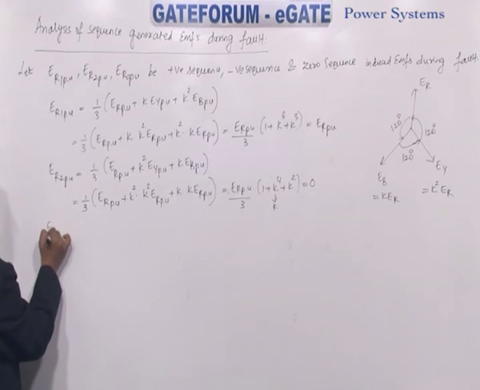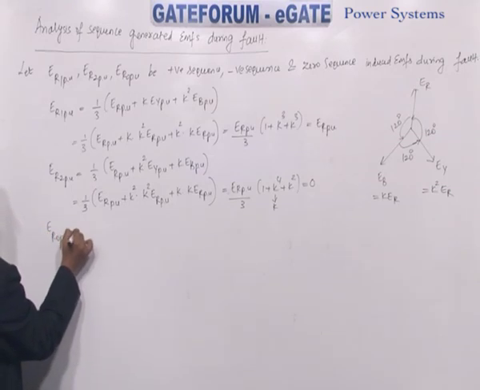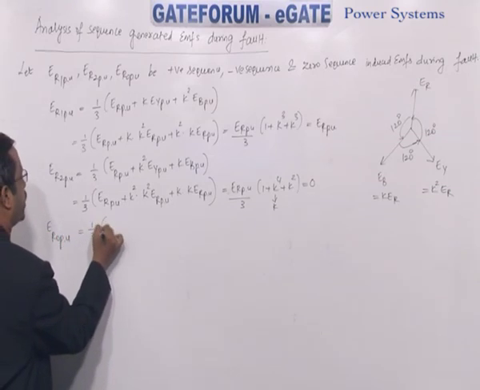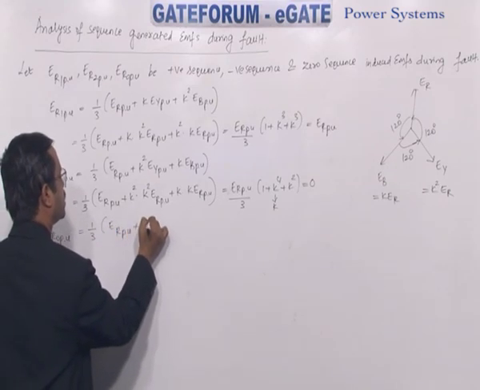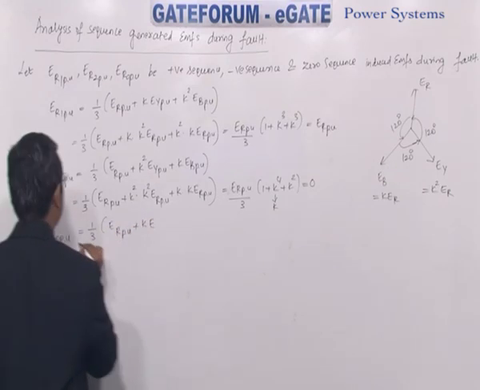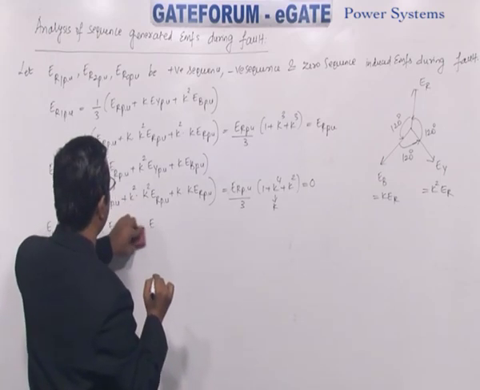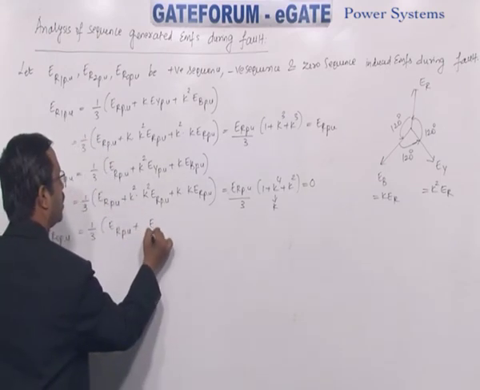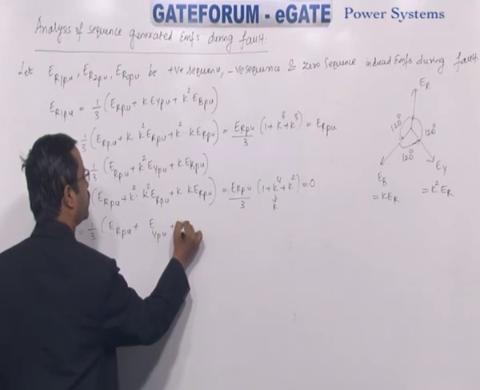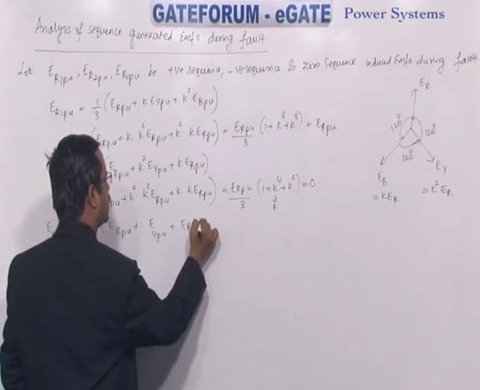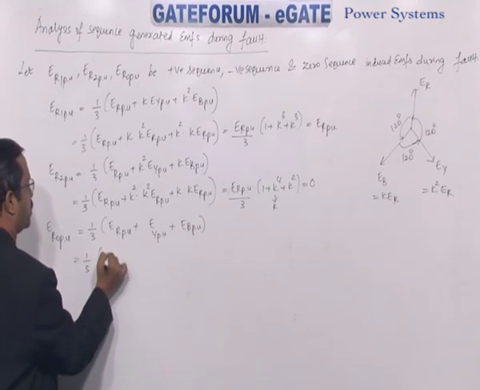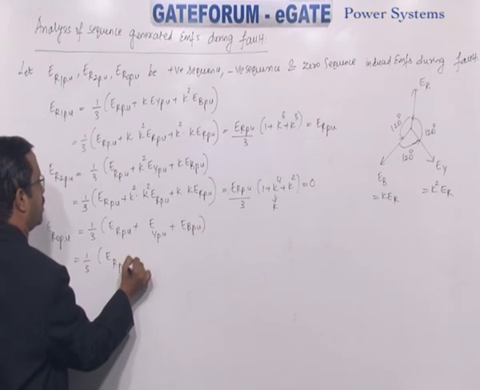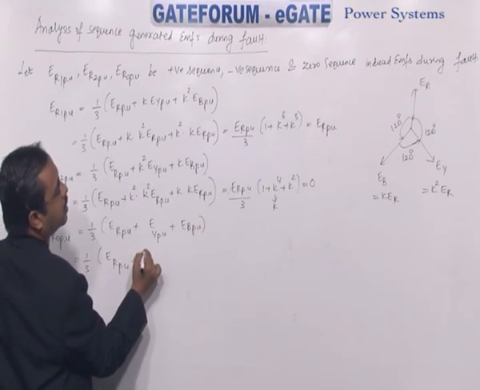Now what about ER naught per unit lastly? 1 by 3 of ER plus EY plus EB. EY how much?